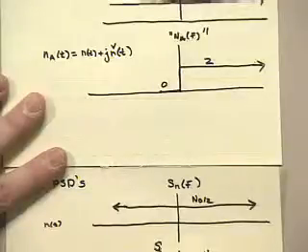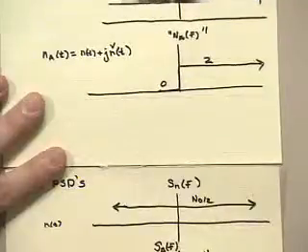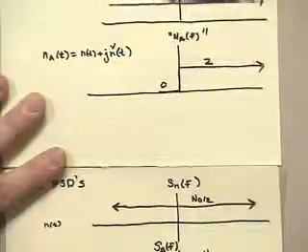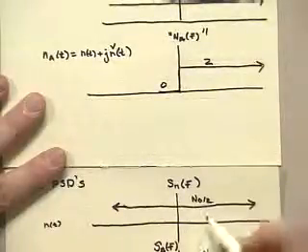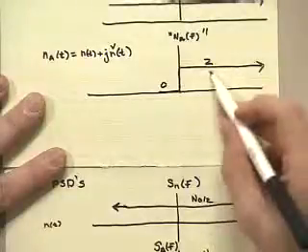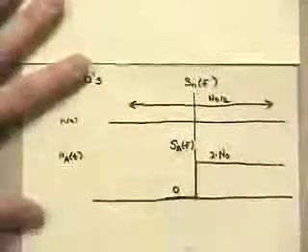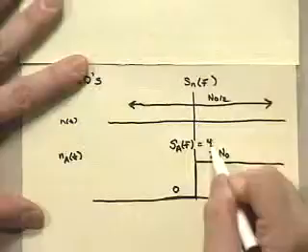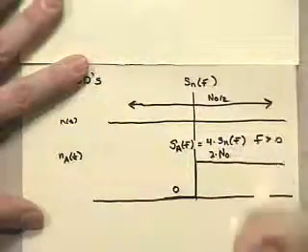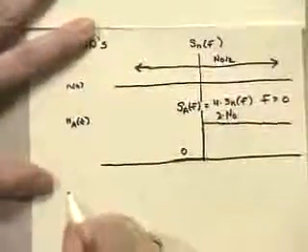So now I have not N naught, but actually N naught times 2. So this is SA of F, the power spectral density of the analytic equivalent. That extra factor of 4 has to do with the fact that I'm squaring amplitude. So instead of going up by a factor of 2, I go up by a factor of 4. And then I could actually write that this is 4 times Sn of F for F greater than 0.